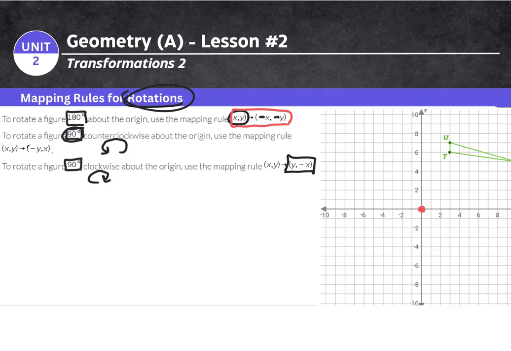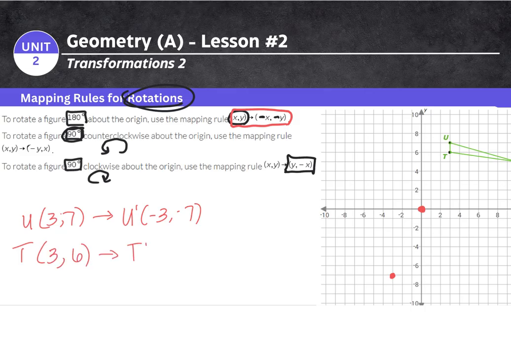Okay, so let's start with U. So U is 3, 7. Okay, all we're going to do is change the sign. So our new U, our U prime, is going to become -3, -7. So -3, -7, plot that point. There we go. T is 3, 6.